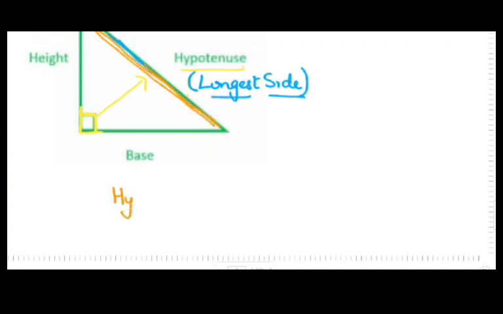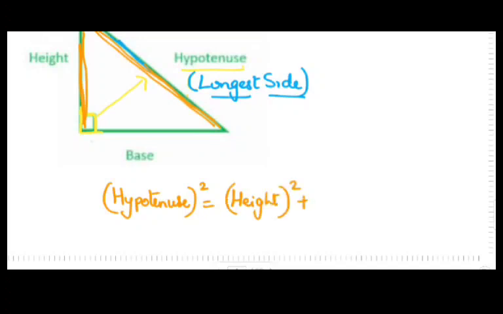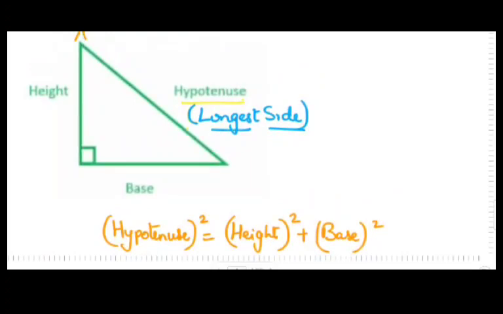So the hypotenuse square is always equal to the height square plus, what is this? The base square.